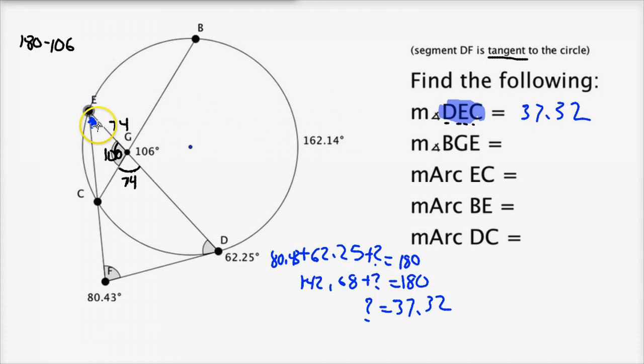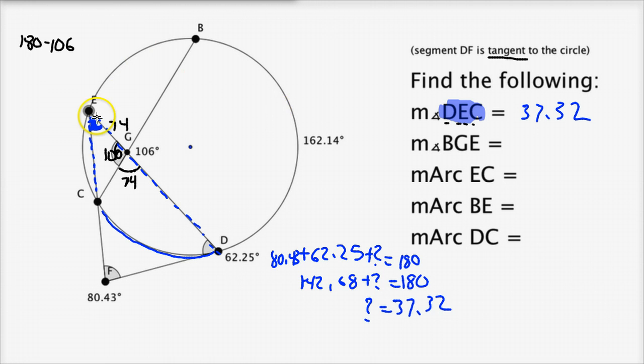Now, how did that help me? So if I look at this angle that I just found here, this blue angle, and then I look at the arc that it makes when it hits the circle, going from E to C, and let's see if we can take those dots back, make them a little straighter. There, and then it makes this arc.